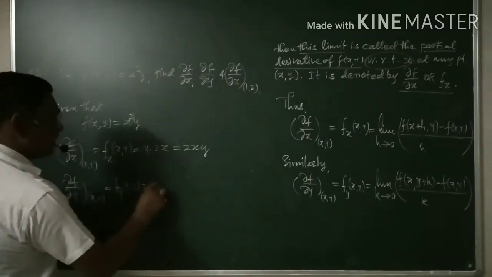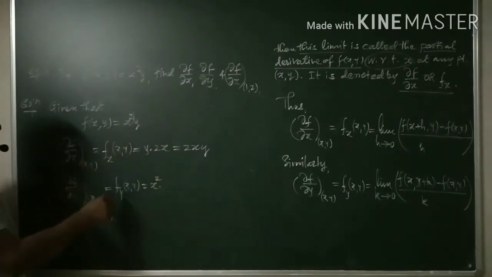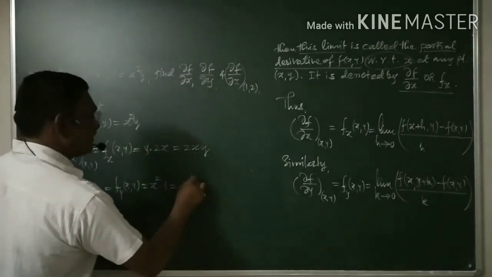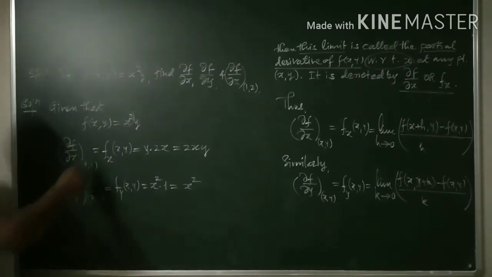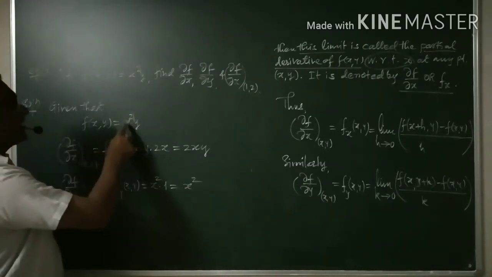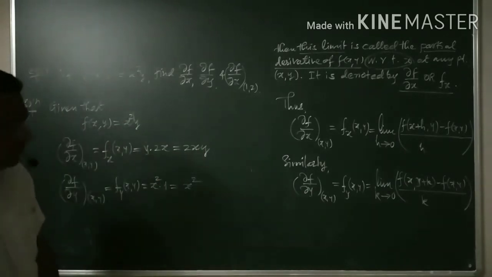So here it is x² into the derivative of y with respect to y, which you know is 1, and therefore the derivative is x². Of course, the partial derivative ∂/∂y for this function is x², and ∂/∂x for the same function x²y is nothing but 2xy, right?